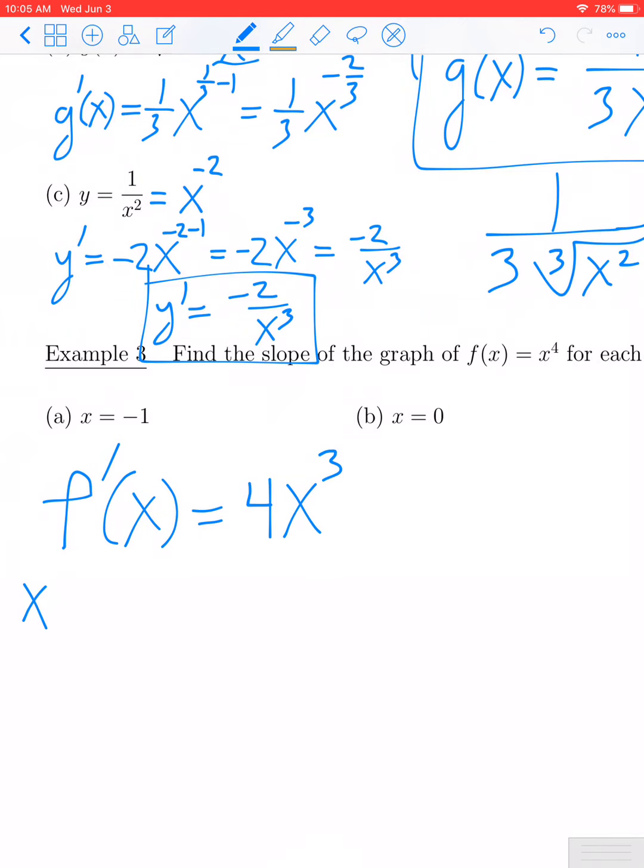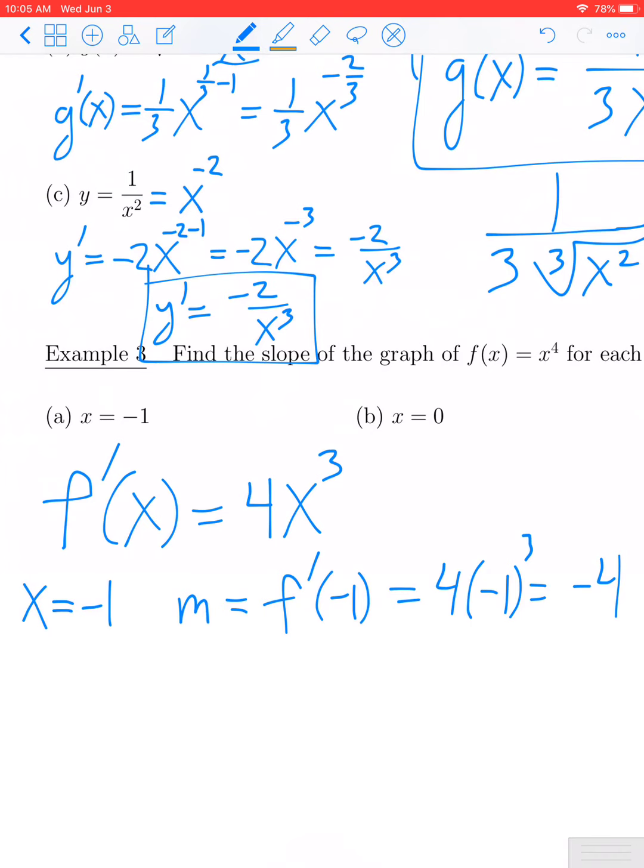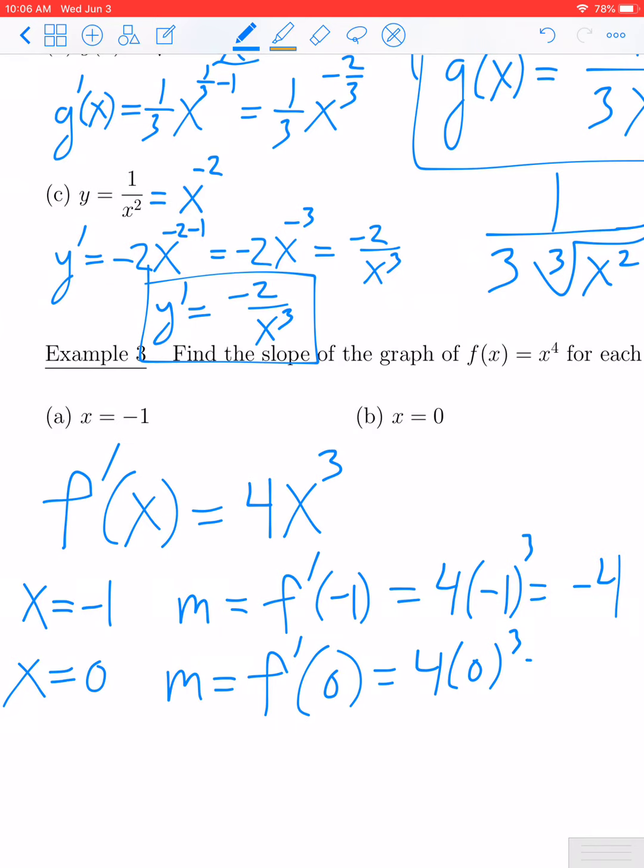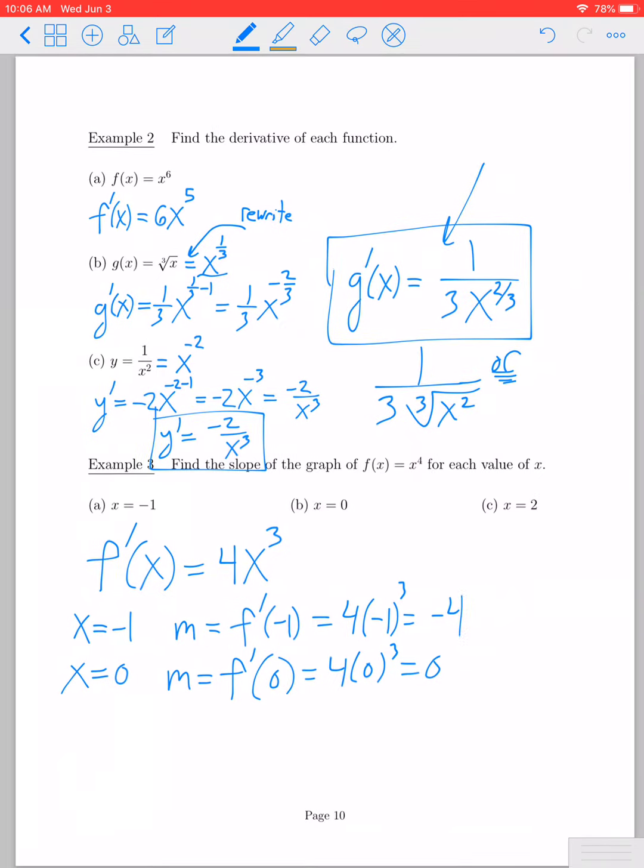From there, we can find the slopes at each of these points. When x equals negative 1, the slope would be given by the value of f prime of negative 1, which is 4 times negative 1 cubed, and that should be negative 4. When x equals 0, the slope is f prime of 0, which is 4 times 0 cubed, which is 0.